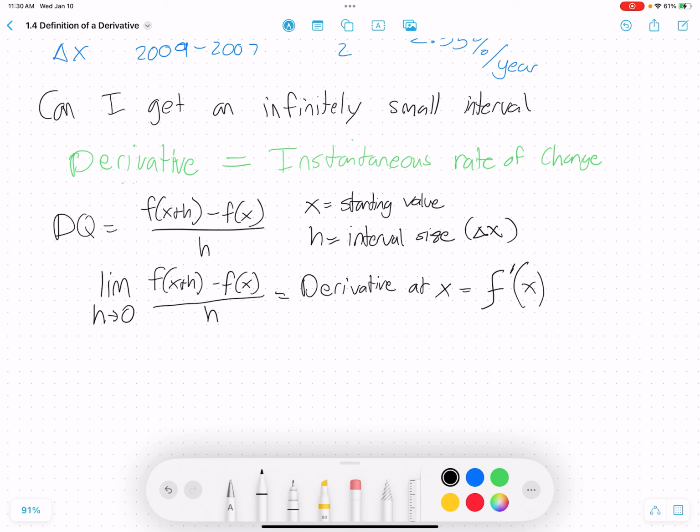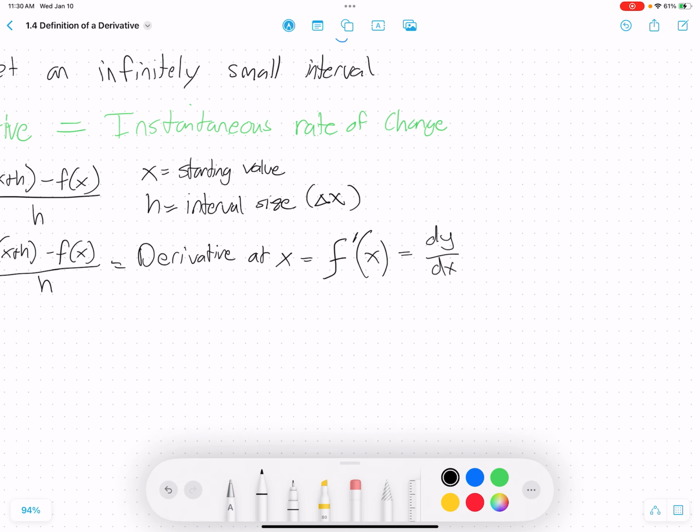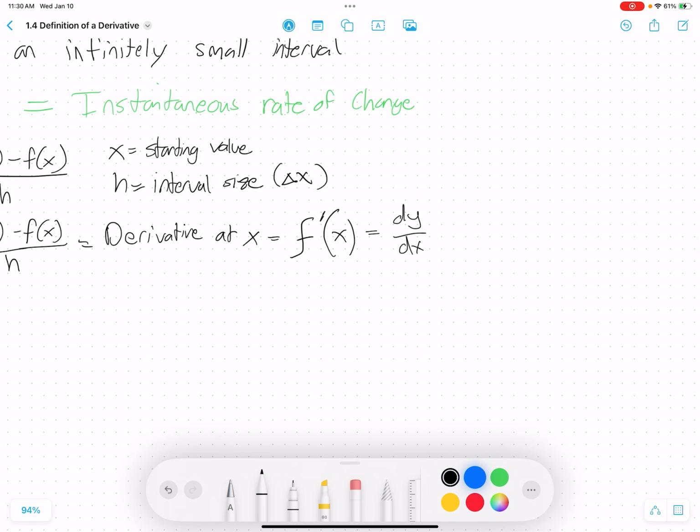If we're not using function notation, then you'll also see derivatives written like this, dy over dx, okay? And you might be wondering where that notation comes from. Well, that notation is pretty simple to explain. Remember, with average rate of change, we use delta y over delta x, where delta represented just any change.